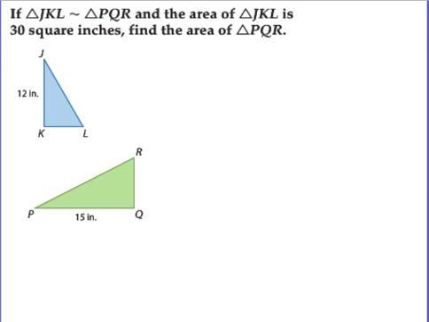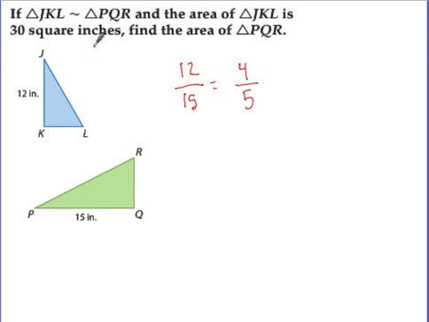First question, if JKL is similar to PQR and the area of JKL is 30 square inches, then find the area of PQR. The first thing that we need to do is find the scale factor. Scale factor is going to be 12 over 15. Simplify it, 4 over 5.